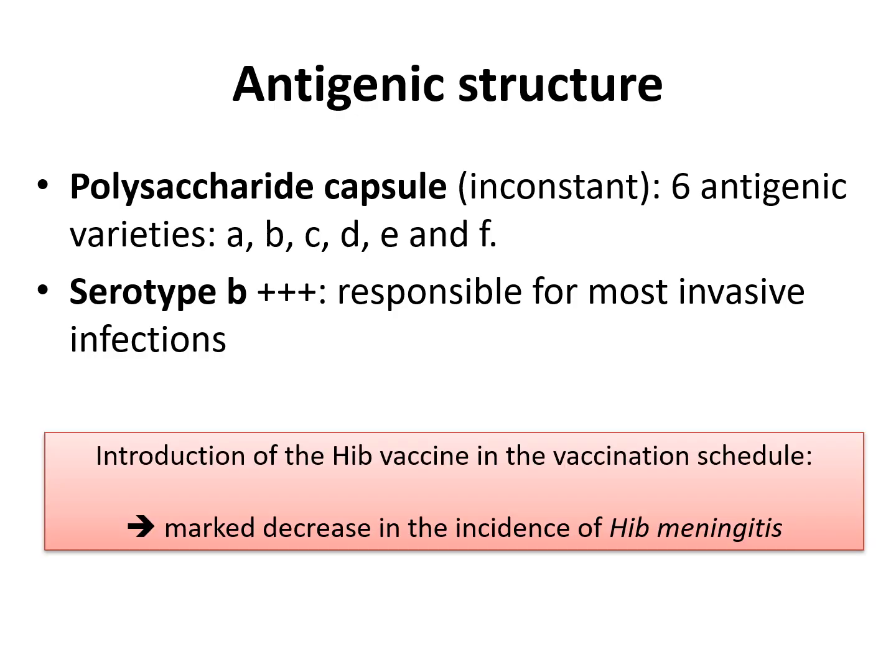The introduction of the Hib vaccine, the vaccine against Haemophilus influenzae type B, into routine vaccination schedules has led to a marked decrease in the incidence of Hib meningitis worldwide.